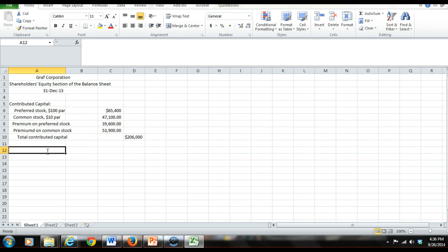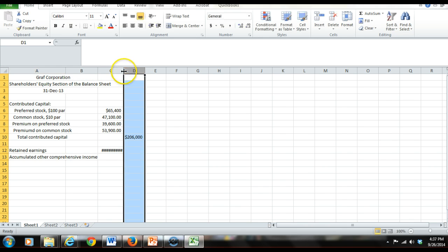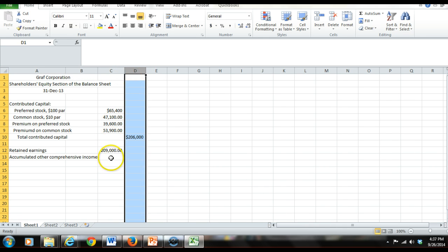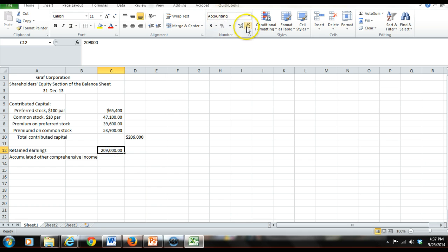Then we will bring in our retained earnings, and that is $209,000. Then we've got accumulated other comprehensive income, and this is being reported at $8,200.